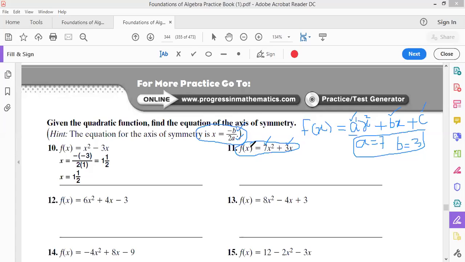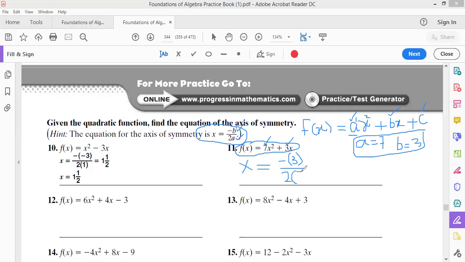Now look at the formula. X is equal to negative b over 2a. We will write x is equal to negative, and b is 3, divided by 2 times a.